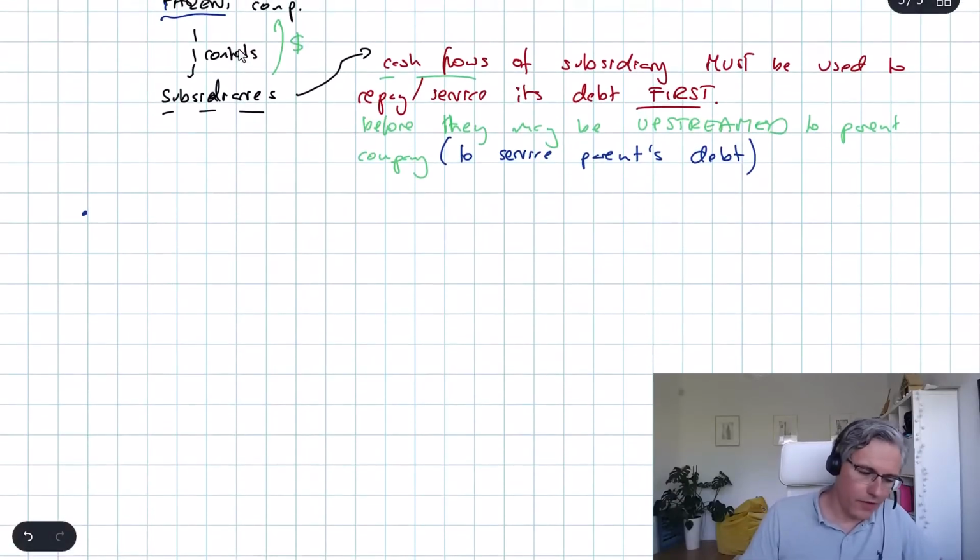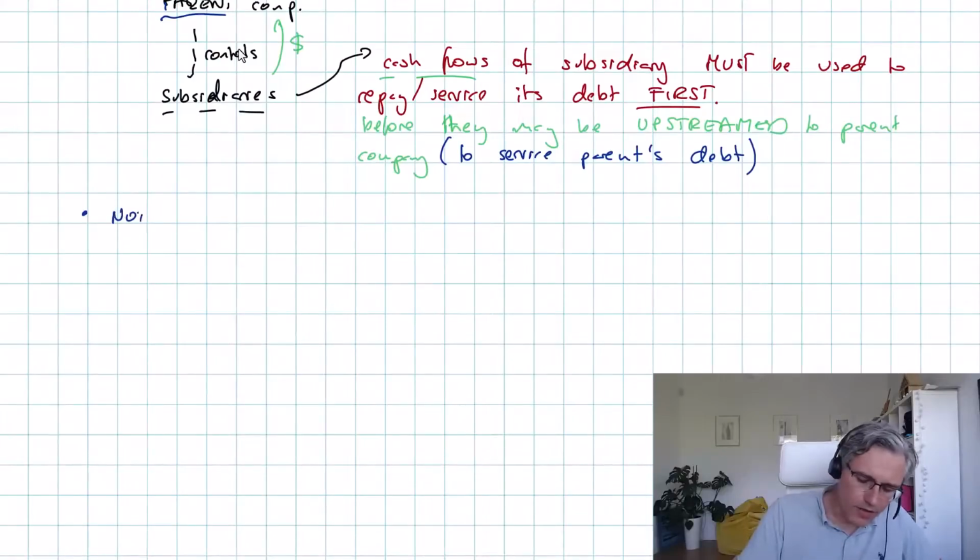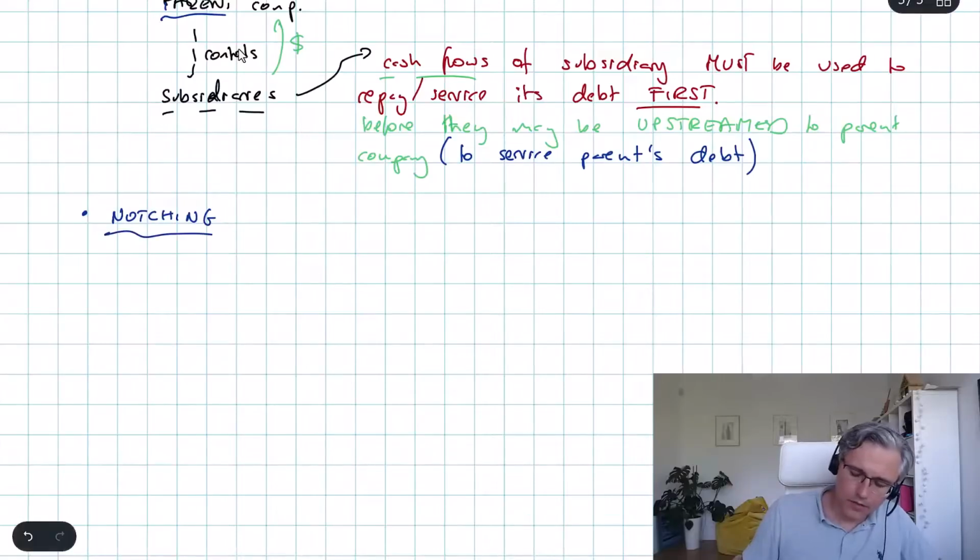And the second point, very different, is that there is a process called notching in providing ratings.